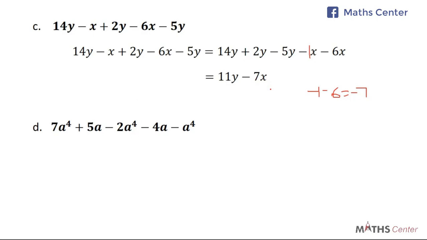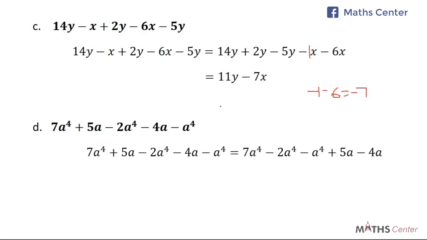The first step is that you group the like terms. So we group the like terms. 7a raised to the power 4, minus 2a raised to the power 4, and minus a raised to the power 4 are like terms, so we group them together. Then 5a and minus 4a are also like terms, so you group them also together.